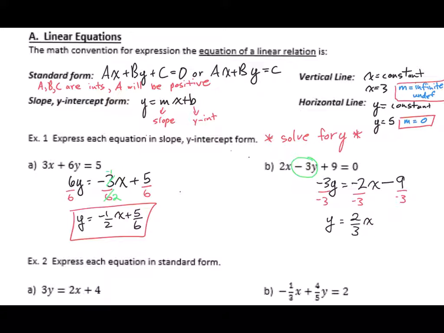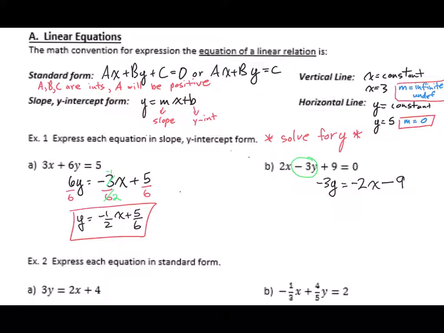So we have 2/3x, but we still have to remember the negative rules. If we have two negatives in our calculations, we get a positive, so think of 9 over -3 as being in a bracket. We get -3, but a negative and a negative give us a positive, so we end up with +3 as our final value, and there is our solution.